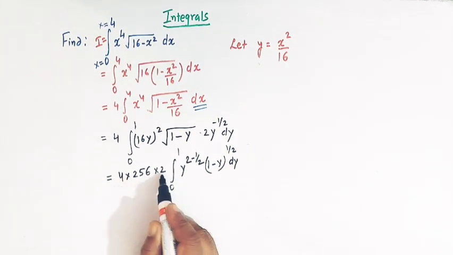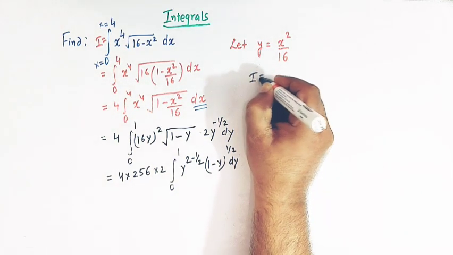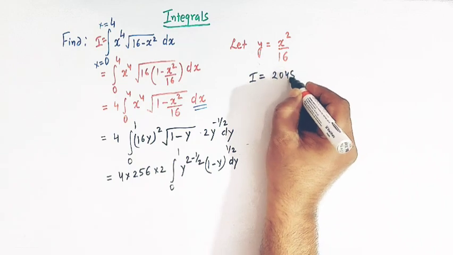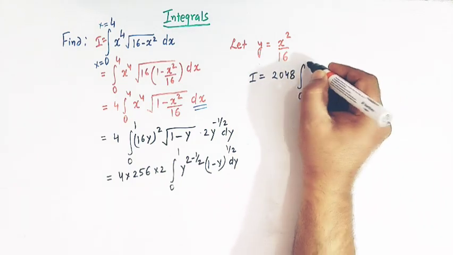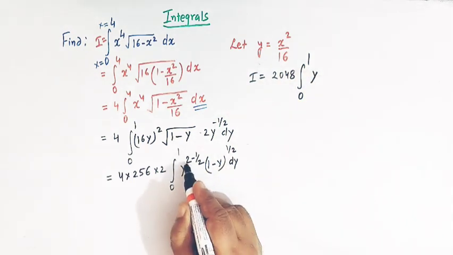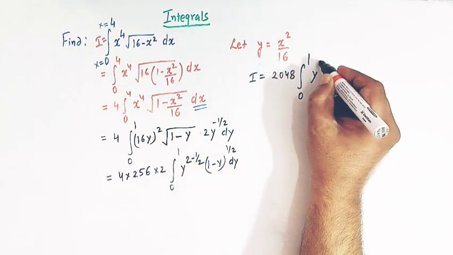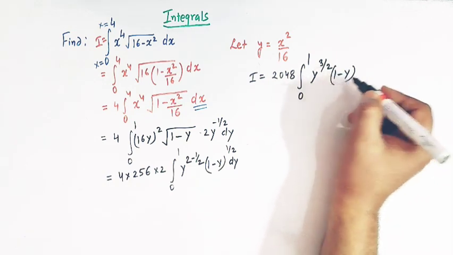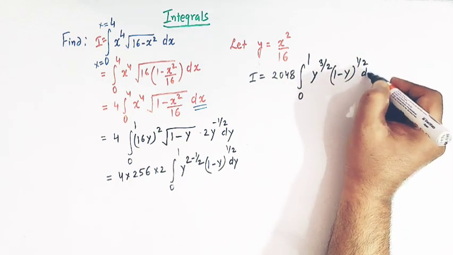Now the product of these three numbers, 4, 256 and 2, is equal to 2048, and we have 0 to 1 of y raised to 2 minus half, that is 3 by 2, and 1 minus y raised to half.